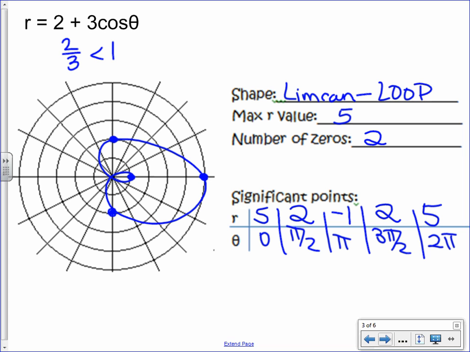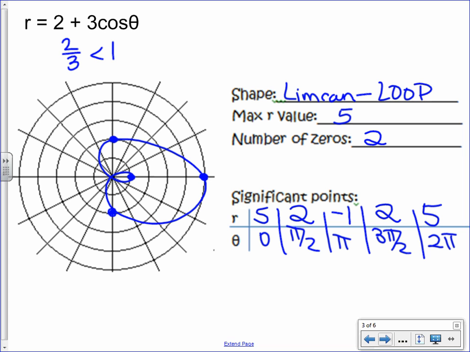All right? Good news about limacons, I'm not going to make you find the zeros because they're not always very pretty. Okay? Like if we set that equal to 0, we're going to have to find where the cosine is negative 2/3. We're not going to do that because we're not going to have our calculator. Okay? So instead we're just going to write the number of zeros. Okay?